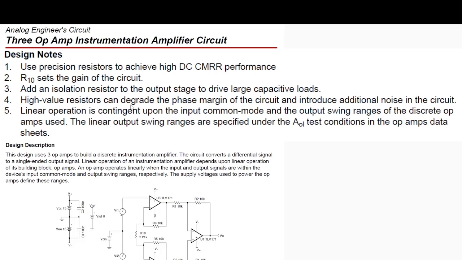High value resistors can degrade the phase margin of the circuit and introduce additional noise in the circuit. Linear operation is contingent upon the input common mode and output swing ranges of the discrete OPAMPs used. The linear output swing ranges are specified under the AOL test conditions in the OPAMP data sheets.